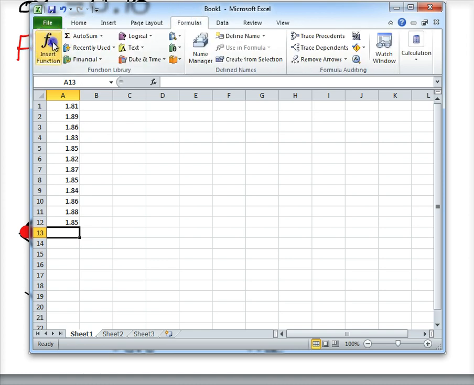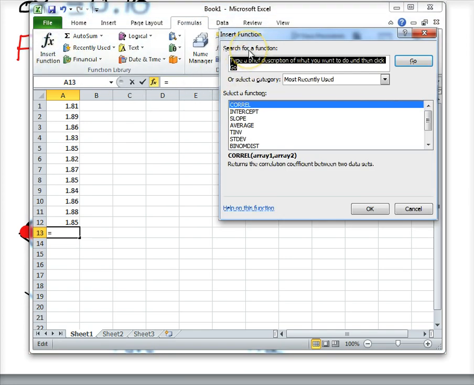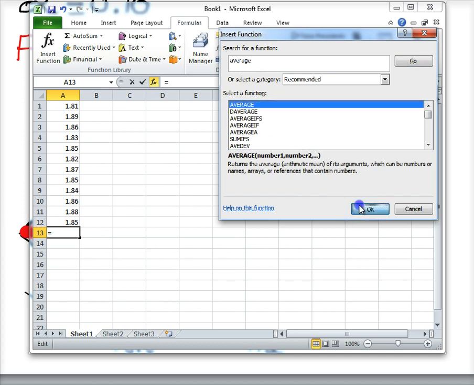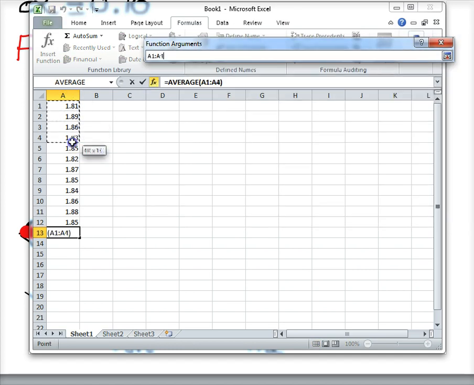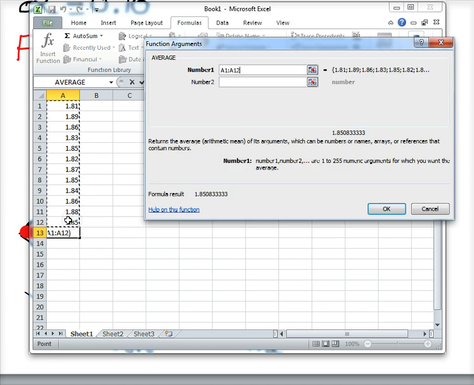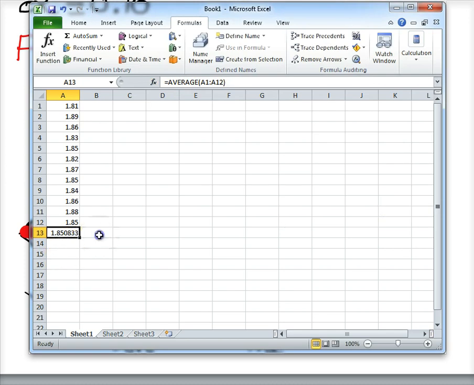I'm going to go to the Formulas tab and insert a function looking for the average first. Once you've found the average function, all you have to do is highlight the data you would like Excel to find the average of. Hit OK, and we have our average value.